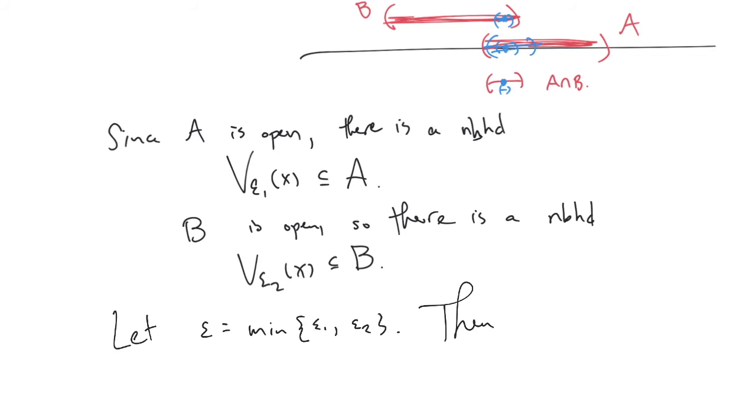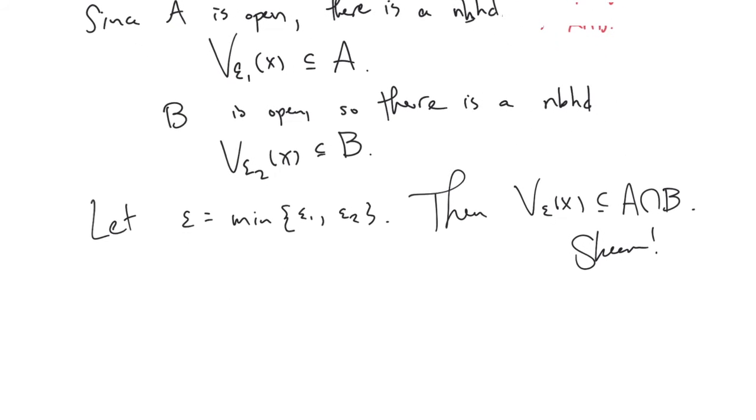Then the epsilon neighborhood of x is a subset of A intersect B. Choose the smaller one, then automatically those neighborhood points will be in A, and they will also be in B, which means they are in the intersection A intersect B. All right? That's the end of that. Any questions about that? I hope that is sitting in your mind okay.